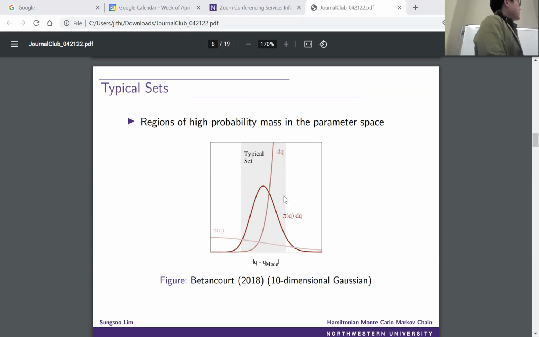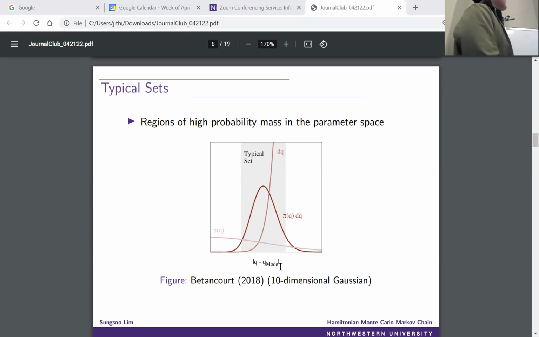So for example, this is the figure from the first reference, and this is showing the target distribution pi of Q when it is far away from the mode for the 10-dimensional Gaussian.